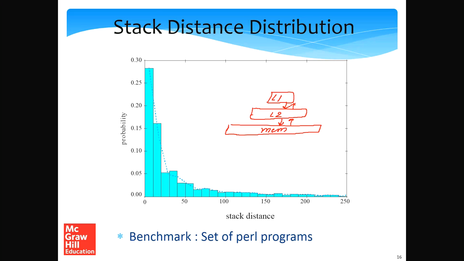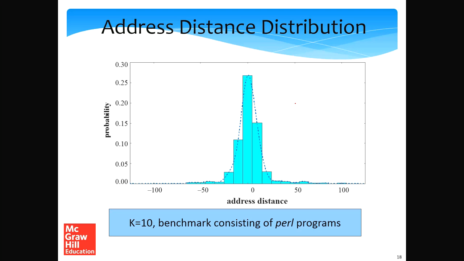That's point number one. Point number two is that we plotted the address distance distribution, which measures the similarity in addresses that the processor is accessing. We found that most of them are within plus or minus 20, 25, 30 bytes.